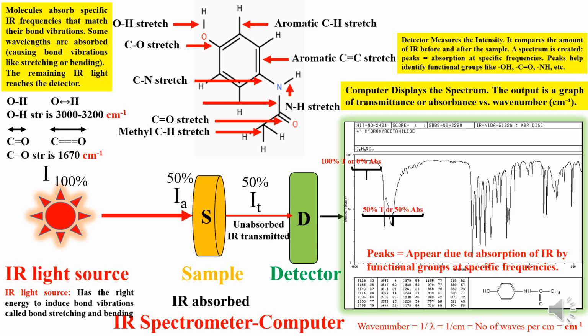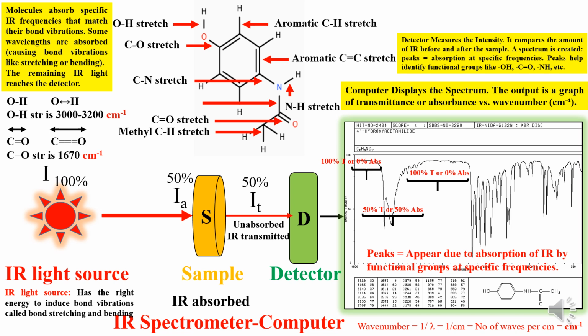And later you see peaks appearing where there is 50% absorption of the sample, or you can say 50% transmittance. And again, there are no peaks appearing in the spectra. That is again because the IR radiation is not being absorbed by the sample.